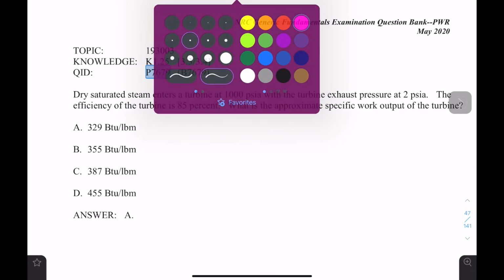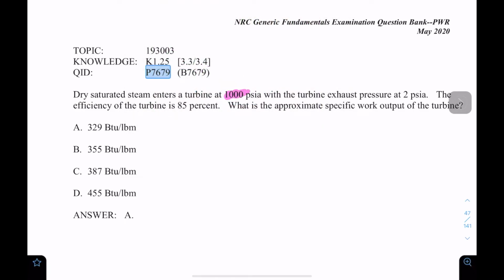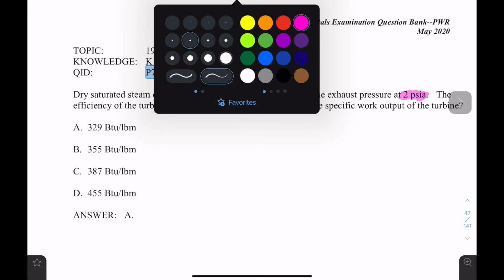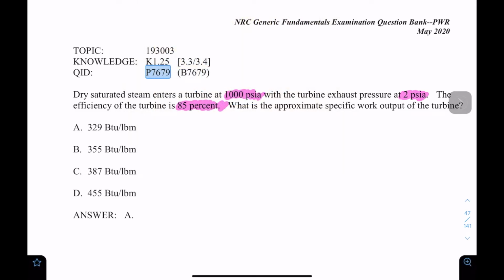Okay, we're entering the turbine at this pressure, and we are exiting the turbine at this pressure because we are entering the condenser, so that makes sense. The efficiency of the turbine is 85%. Now, what's the question? The question is, what is the approximate specific work output of the turbine?